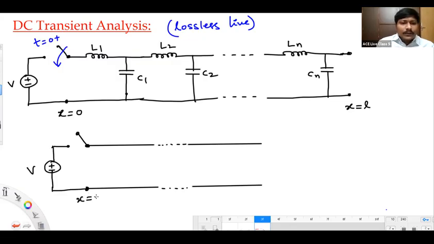It's the point x equals 0 and this is the receiving end side x equals L. It is a more exact model what you have to understand. The upper model is for our understanding and this is the exact model what we can see practically speaking. Okay. So let's continue.